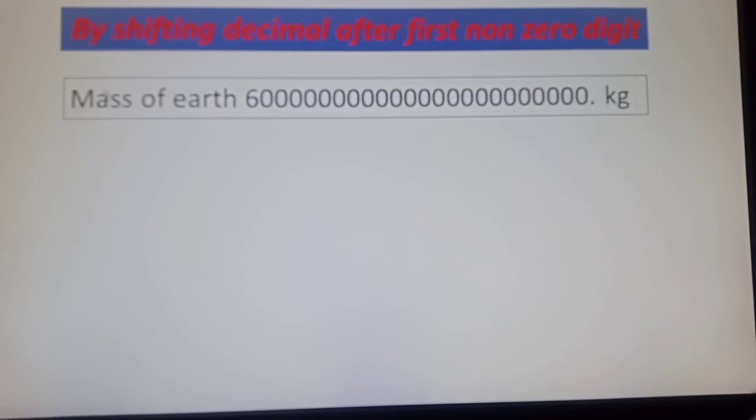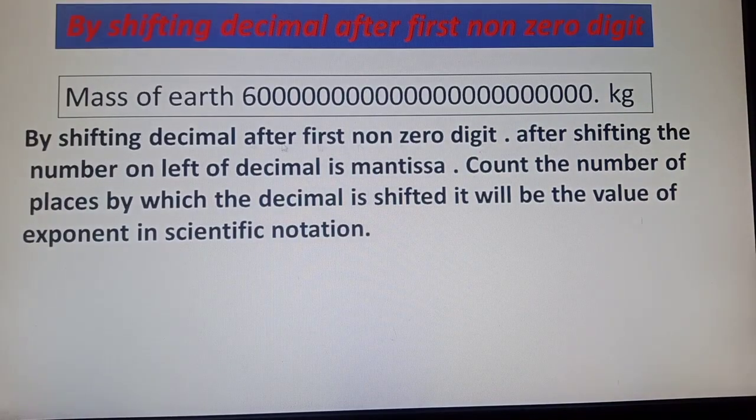Look at this value. It is the mass of Earth in kilograms. It is a very big value. Now, what will we do to express it in scientific notation? Just shift the decimal after the first non-zero digit. Students, look, here is the first non-zero digit, that is 6 in the value.